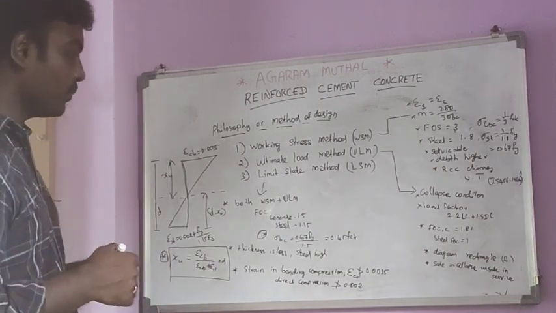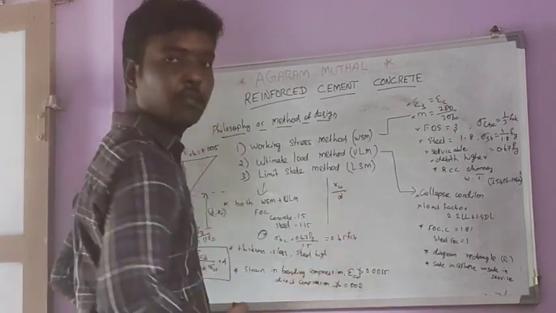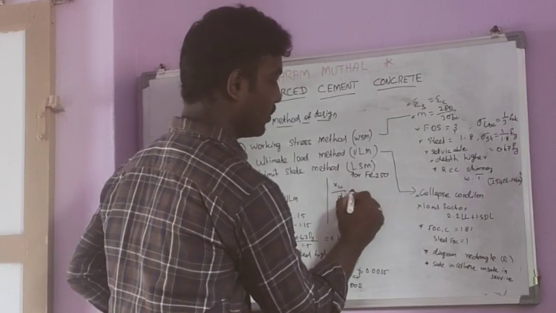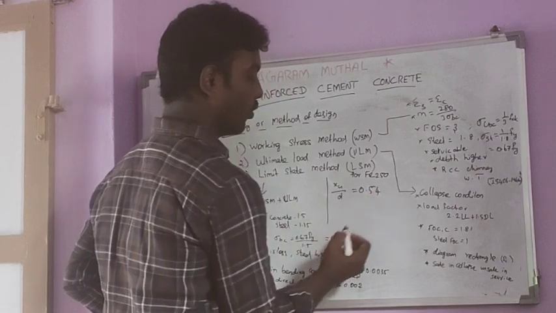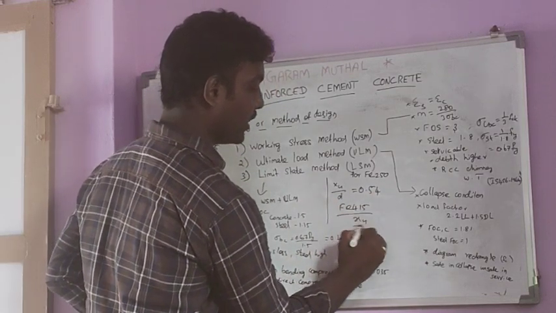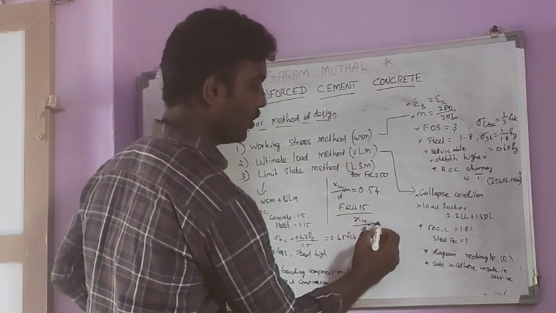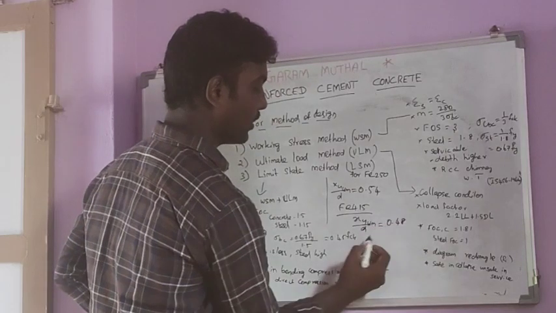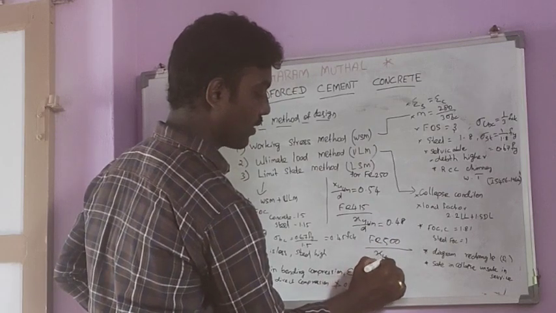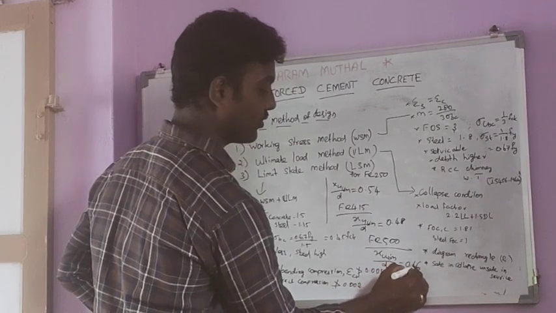So the expression XU divided by d, which we call XU max or XU limit, for Fe250 grade steel becomes 0.53, for Fe415 grade steel becomes 0.48, and for Fe500, XU limit divided by d equals 0.46.